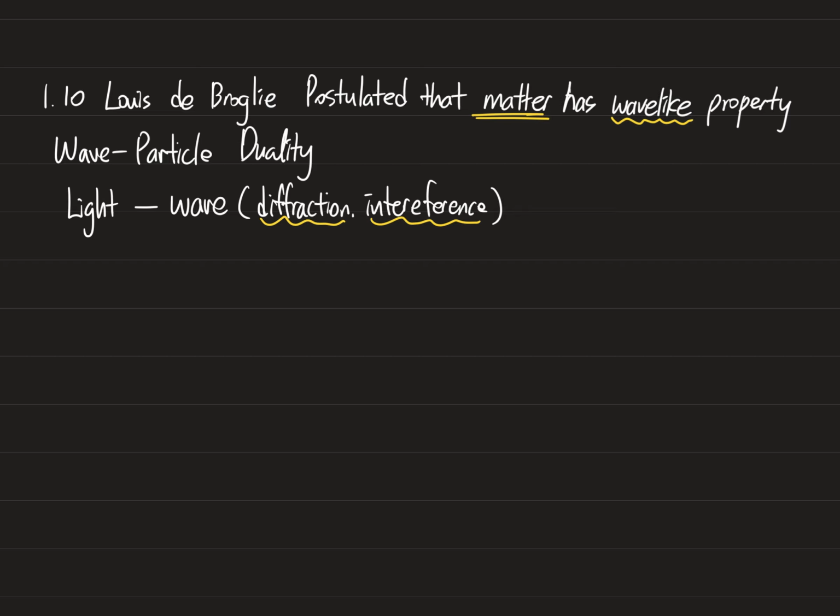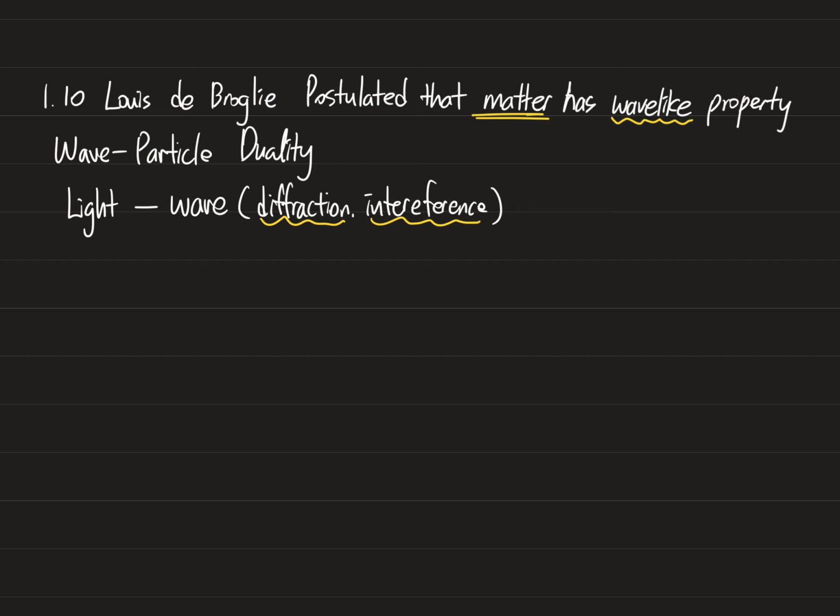However, phenomena like the photoelectric effect. Let's go back to Einstein's photoelectric effect. In that experiment, the observation of the threshold frequency and the linear dependence of the ejected electron's kinetic energy with respect to the incident light cannot be explained by the wave character of light.